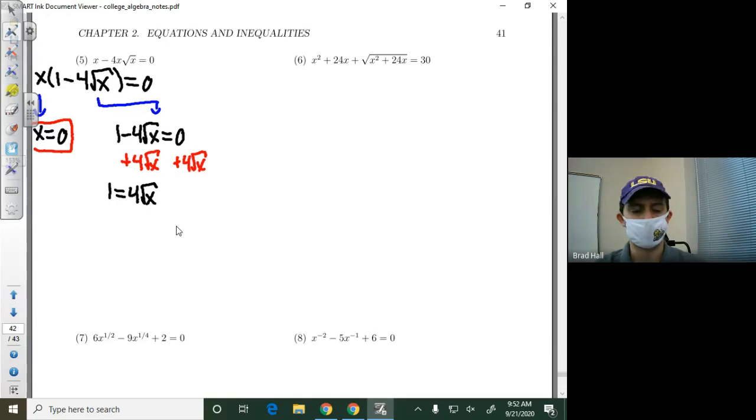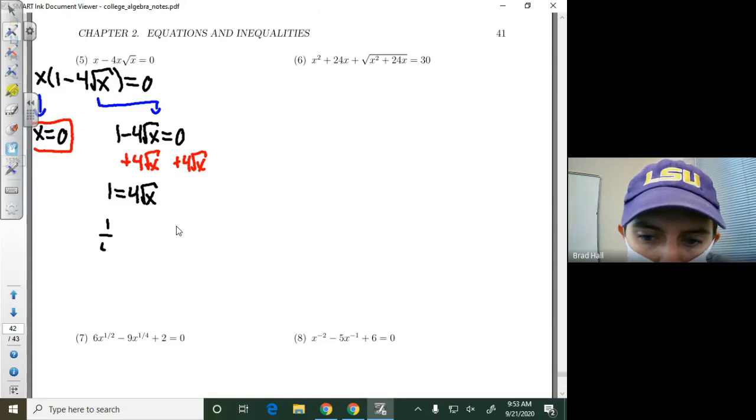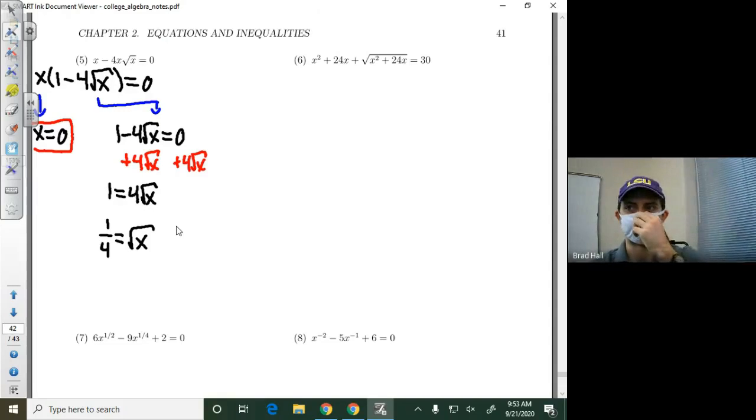From here, we can divide both sides by 4 to get the square root by itself. All I did was divide both sides by 4 to get that 4 out of the way. And now I just have to get rid of the square root by squaring both sides.